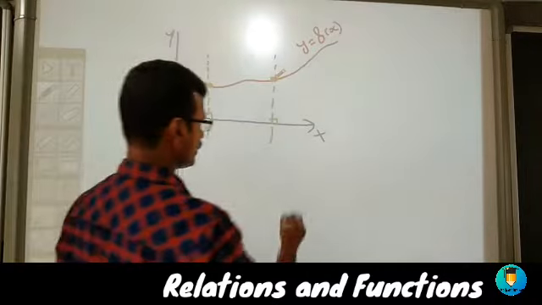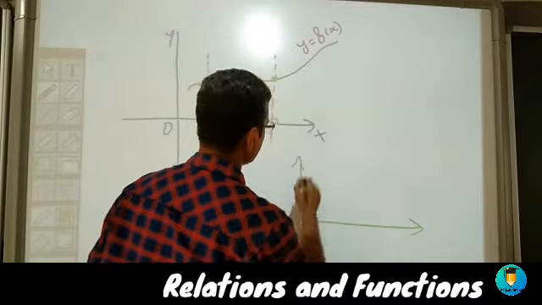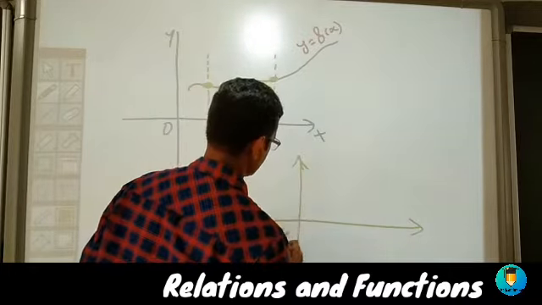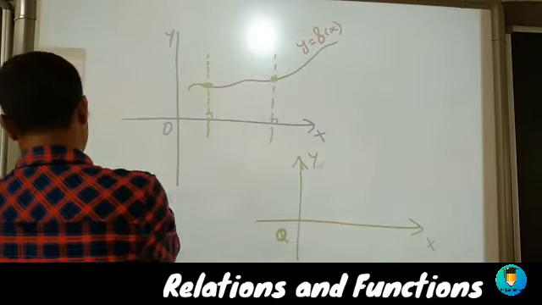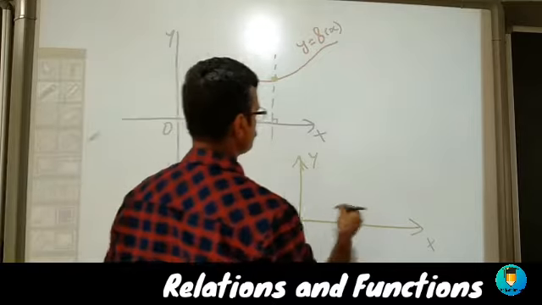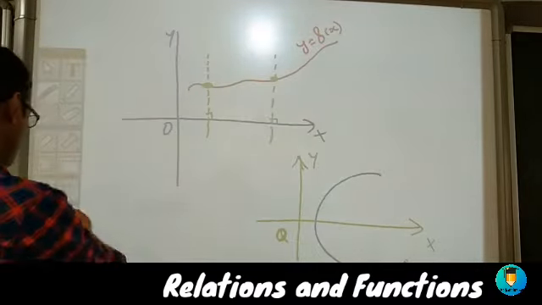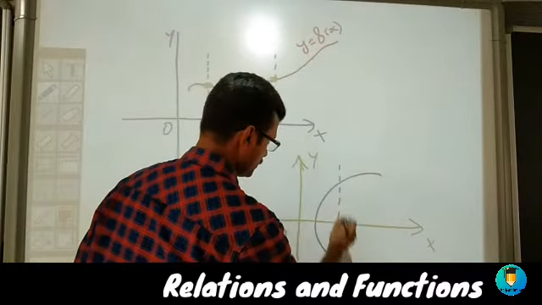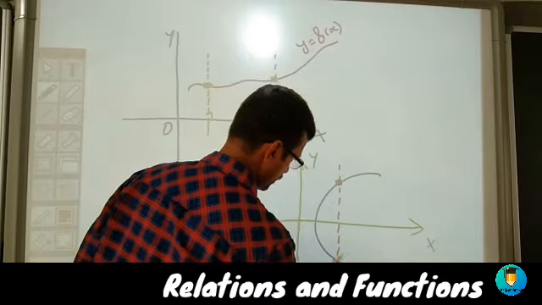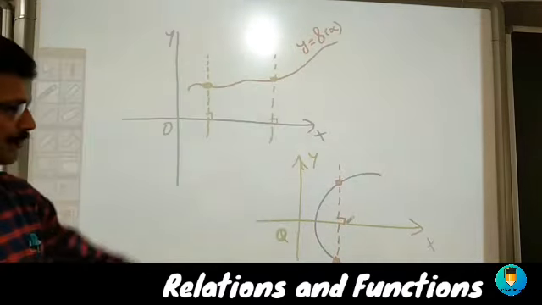But if you see another graph, here if I draw a vertical line, this vertical line is intersecting the graph in two places.